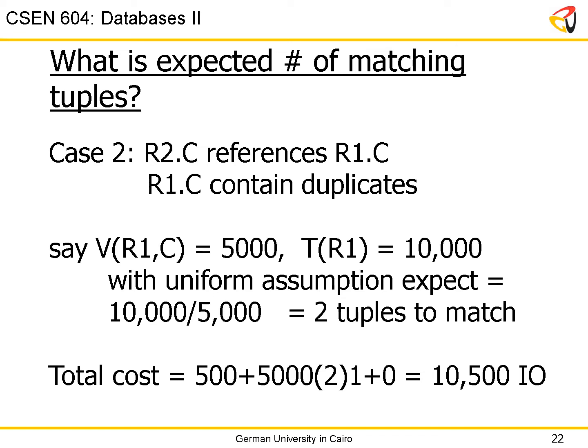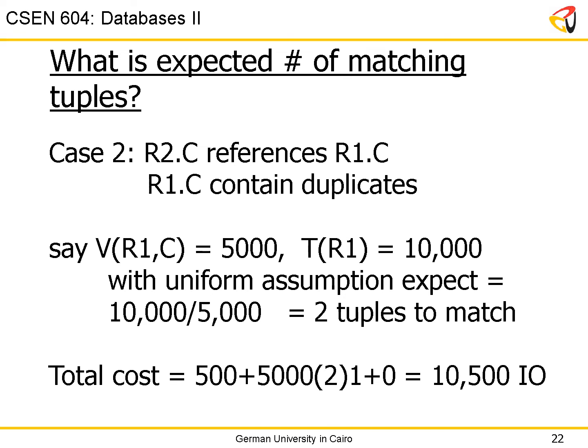Now, how does the database engine estimate the number of IOs here? It will use the stats that we are maintaining for logical plan optimization, for cost-based optimization, to figure out on average how many matches will exist every time we go to the index and ask it for a value.